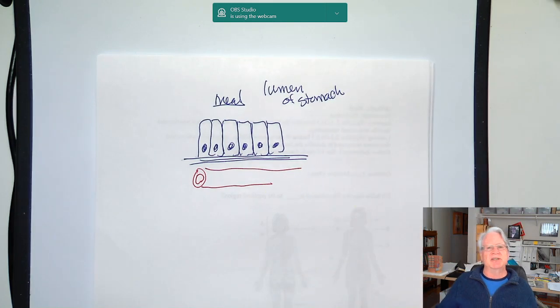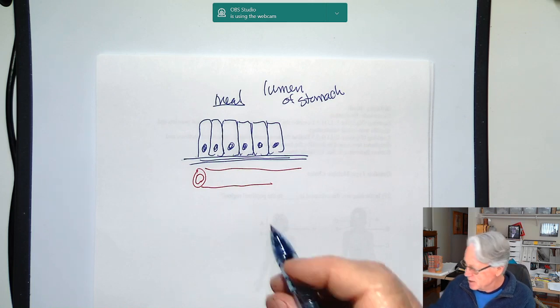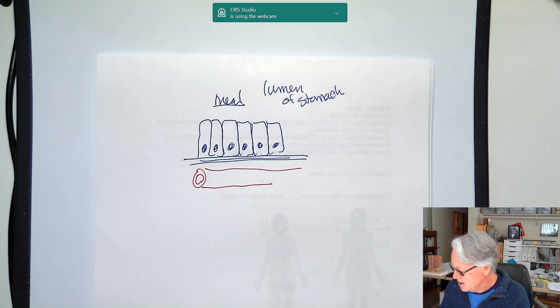Now, if we could guarantee that every meal that we consumed and brought into our body contained only things that we wanted, nutrients, minerals, vitamins, and all of that that's really necessary for us, then we would not have to worry about safety. But, in fact, that's not the case.